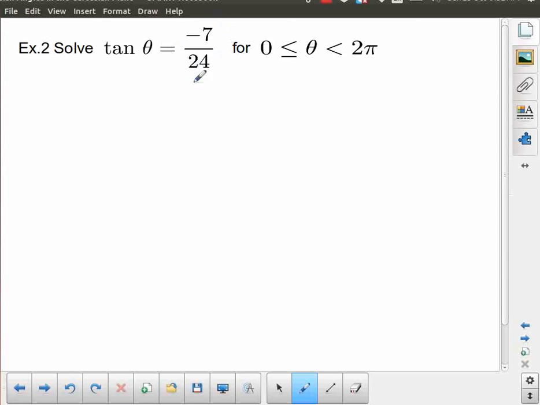The reason I know that is when I look at this ratio, forgetting about the negative sign, I can see that 7 over 24 is not a fraction that I get from any of my special triangles. So I'm just going to have to use my calculator to do this one. When you're doing these calculations on your calculator, remember to switch over to Radian mode.